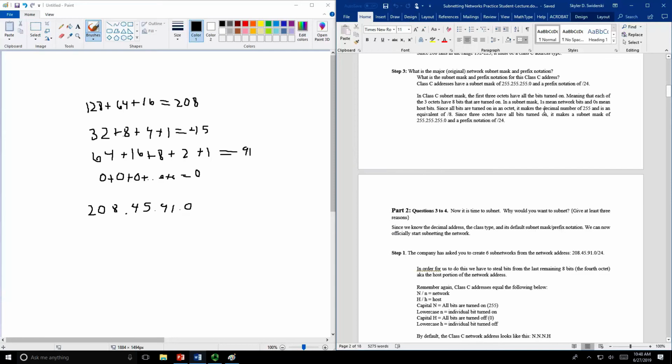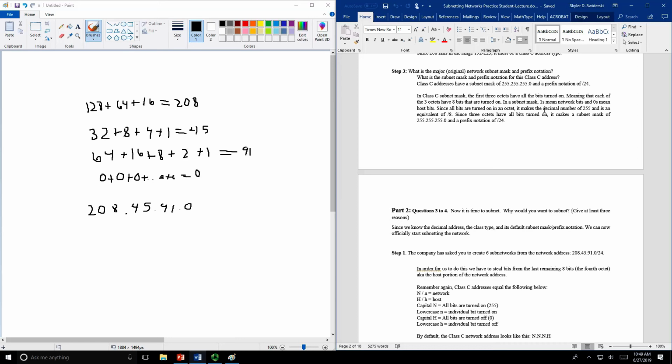Alright, since we now know what the class is, that will tell us what the subnet mask and the prefix notation are. Because it's Class C, it has the subnet mask of 255.255.255.0 and the prefix notation of 24. Why? Since at least 3 of the octets have 255, that means 24 bits are turned on.